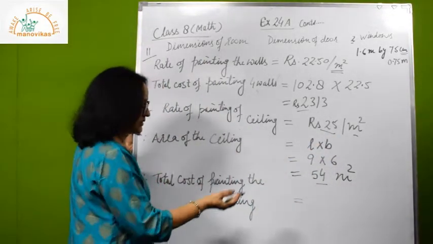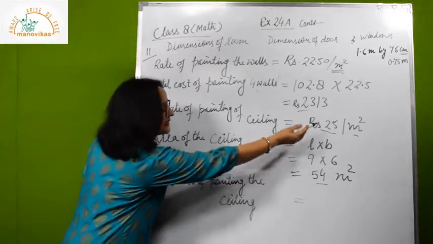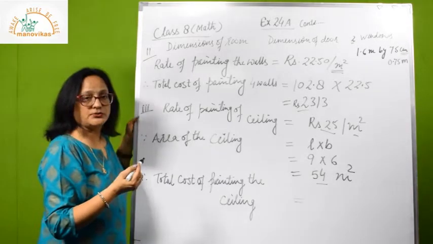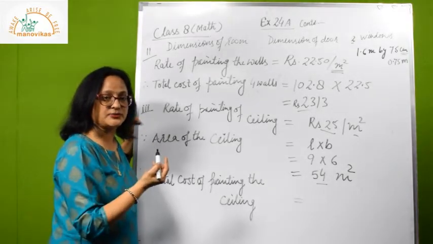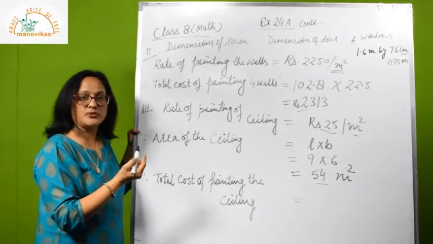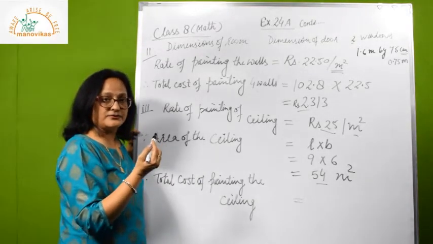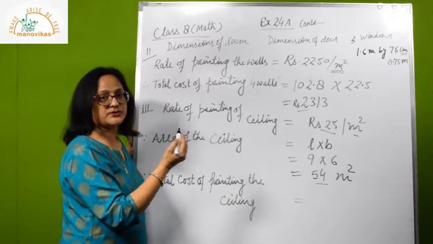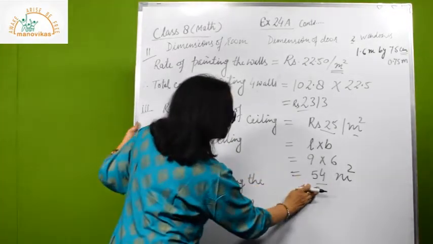Then you will multiply this and 25. You can understand this like the price of one chocolate is, suppose, 10 rupees and you have to buy 5 chocolates. How much will you pay? 5 multiplied by the cost of one chocolate. 5 into 10, 50 rupees.